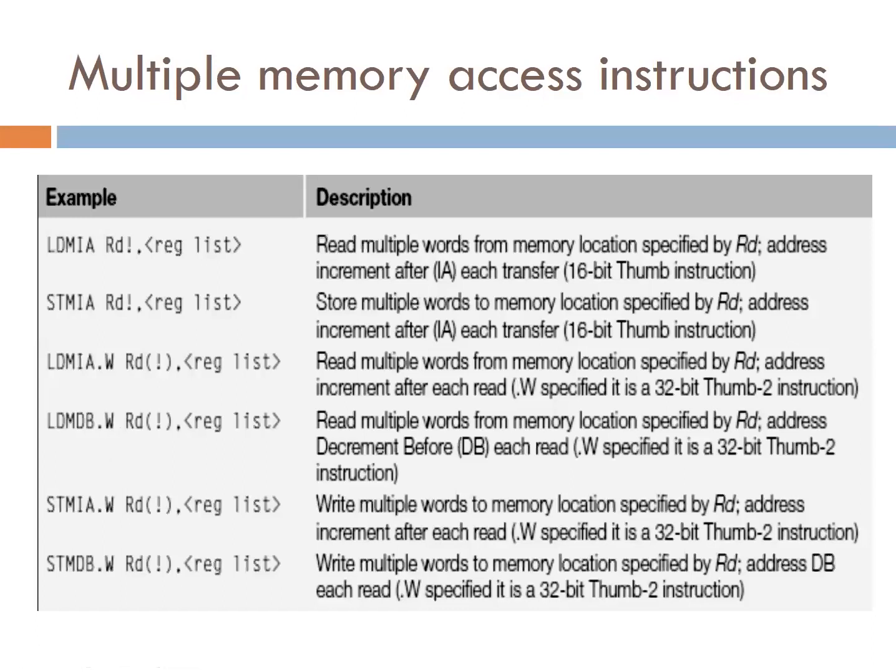The second point is the exclamatory mark. In the 16-bit thumb instruction set, the exclamatory mark has to be used compulsorily, as shown in the syntax, for the memory pointer register. Whereas in the 32-bit thumb 2 instruction set, that is these 4 instructions, can you see the exclamatory mark is represented in braces?